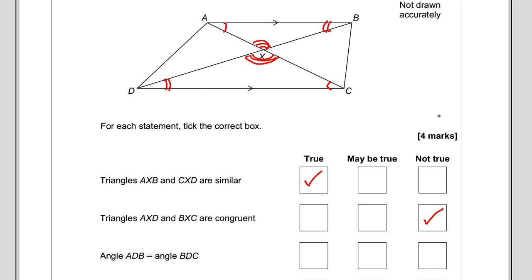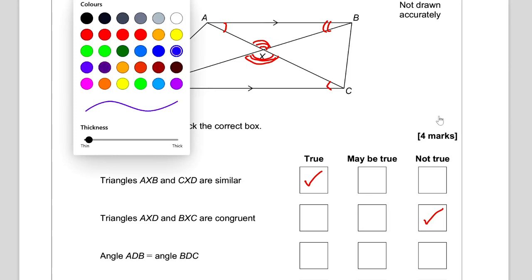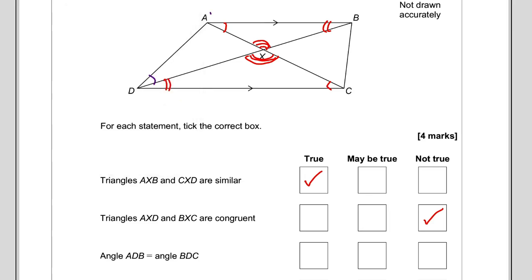Angle ADB, so let's change pen for this. So that's that angle. ADB and BDC are equal. No, that one can't be true. No, that can't be equal. Let me just double check that in my head. BDC, BD, yeah, that one and that one.